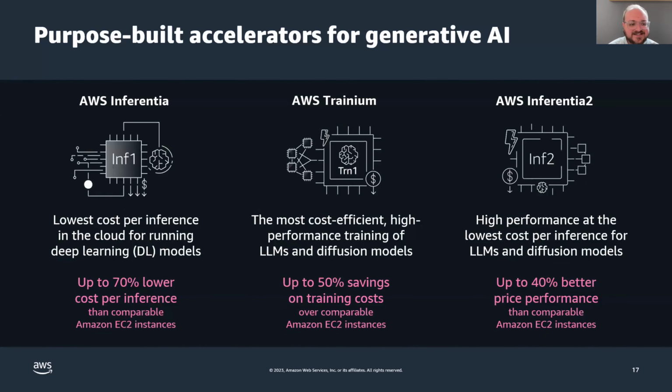So first, you can see that Inferentia is up to 70% lower cost per inference than comparable EC2 instances. Trainium provides up to 50% savings on training costs over comparable EC2 instances. And Inferentia 2 provides up to 40% better price performance than comparable EC2 instances.